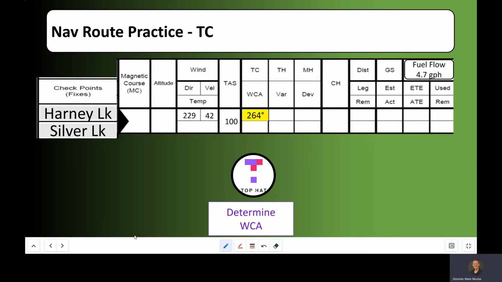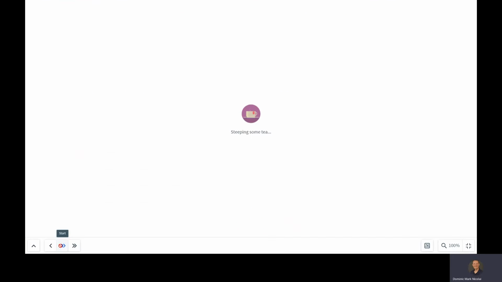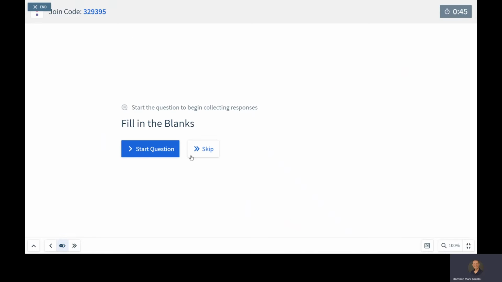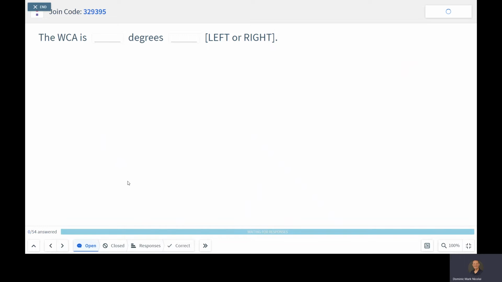So if you want to get those filled in, 229 degrees, 42 knots of wind speed, 100 knots true airspeed. That's your top hat question here. Go ahead and figure out the number of degrees of wind correction angle and whether it's left or right.